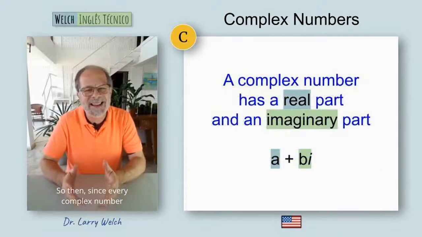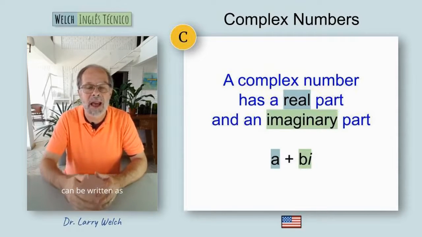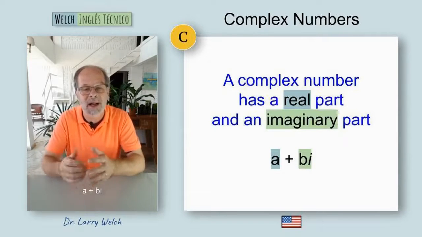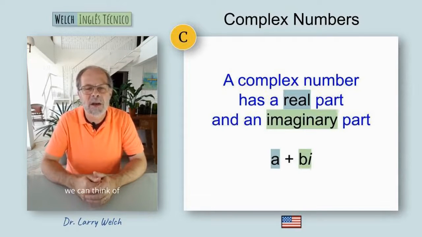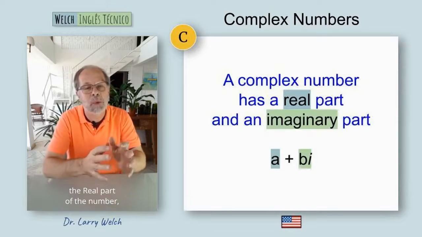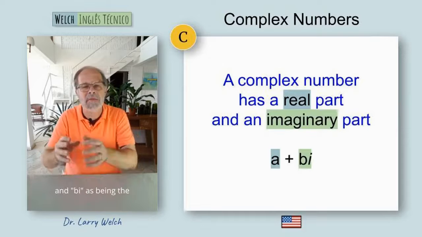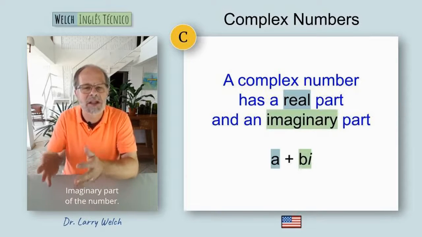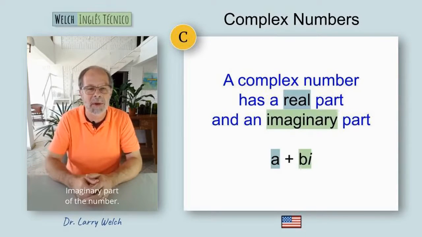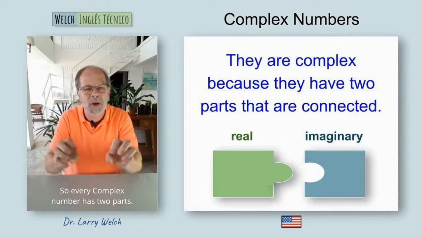So then, since every complex number can be written as a plus bi, we can think of the a as being the real part of the number and bi as being the imaginary part of the number. So every complex number has two parts.